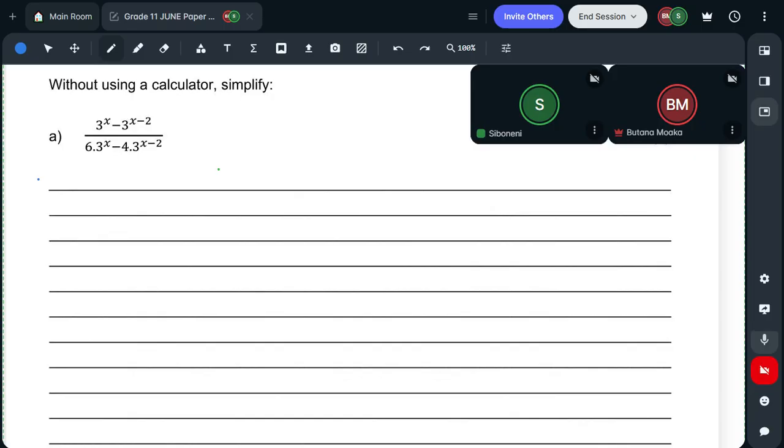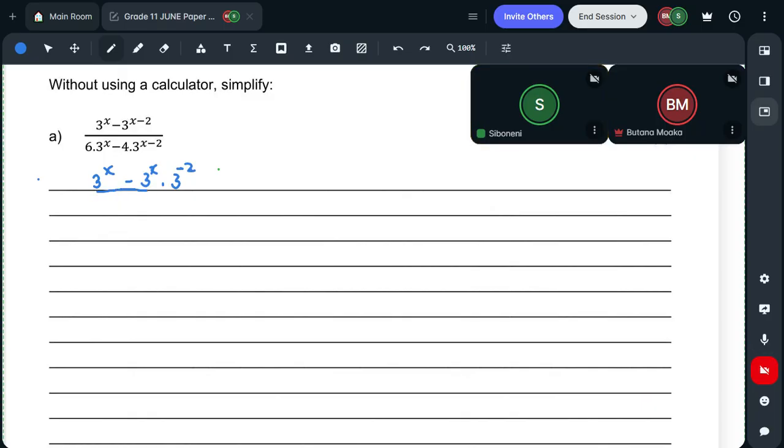So this is the law that I'm going to go with. I'm going to first write the top part as 3 to the x minus 3 to the x times 3 to the minus 2, so that I can take out the common factor, né?